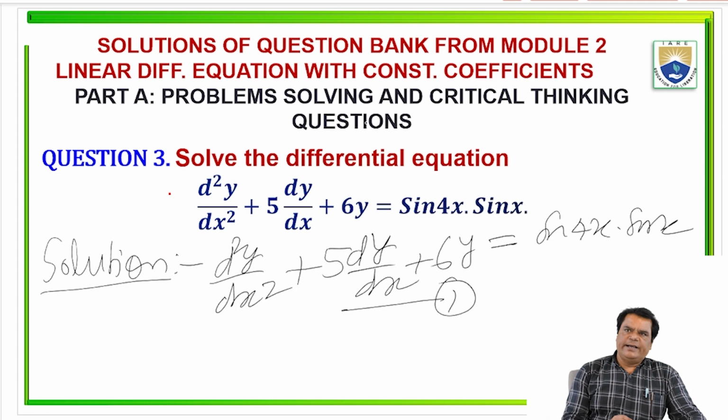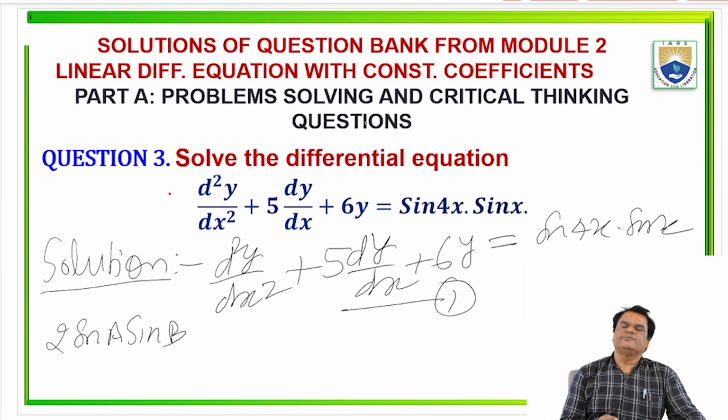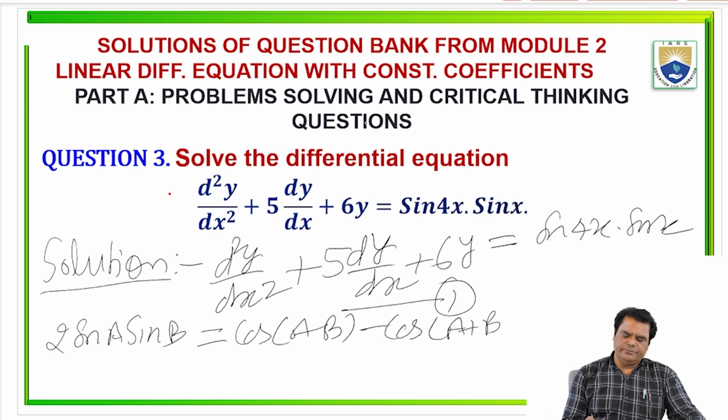Here we know the 2 sin A sin B formula. This formula is cos(A minus B) minus cos(A plus B).